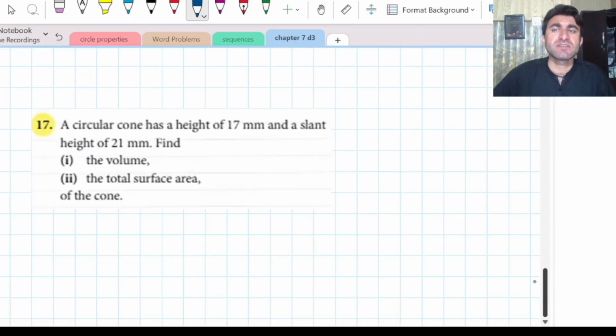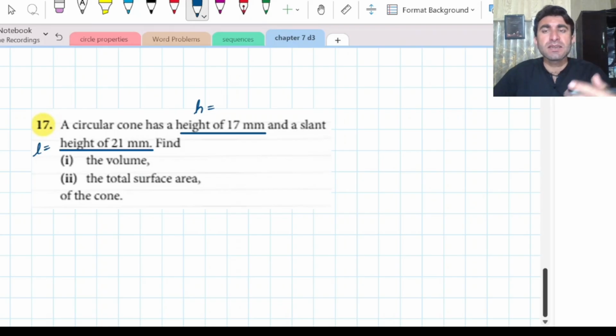Now in question number 17, it is given that a circular cone has a height of 17 millimeters and a slant height of 21 millimeters. Find the volume and total surface area of the cone. Again, we are given the vertical height and slant height, but in order to find the volume, we need the radius and vertical height.